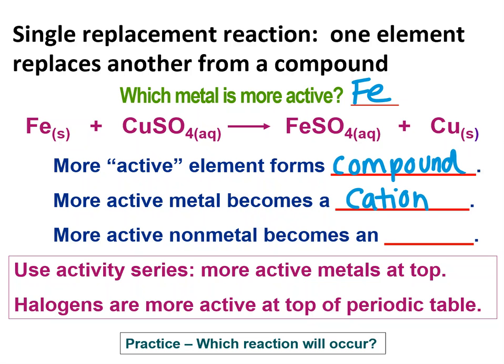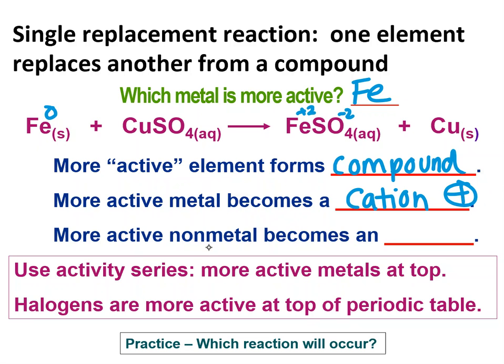In other words, remember, a cation is a positive ion, and here it is neutral, it has no charge, and here it's in an ionic compound, and we know that sulfate is -2, so this iron must be +2, and so it went to be a cation.